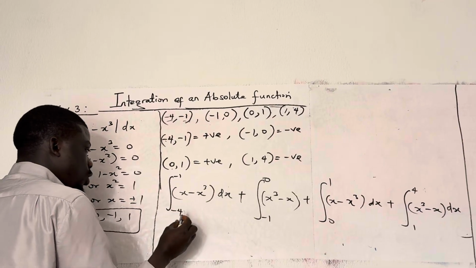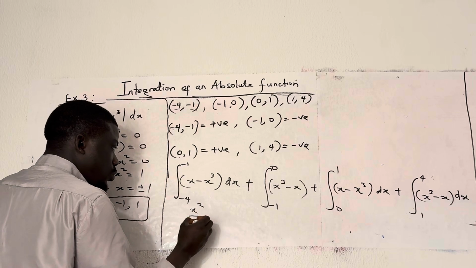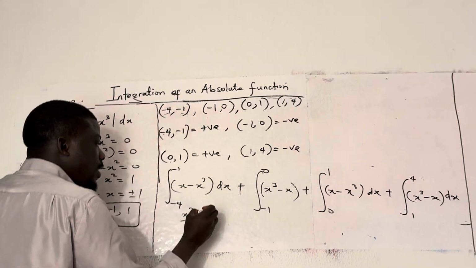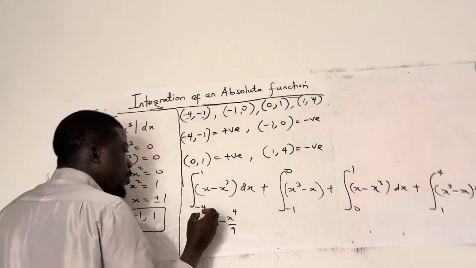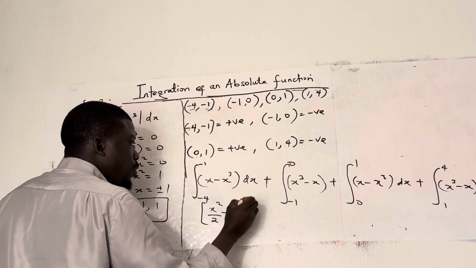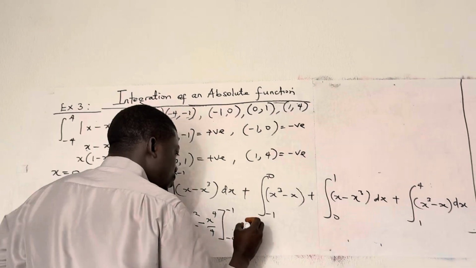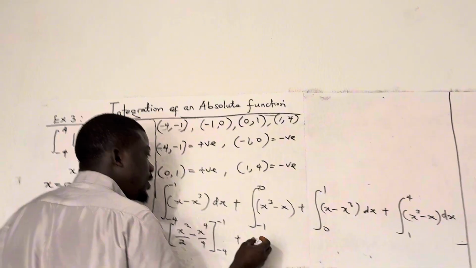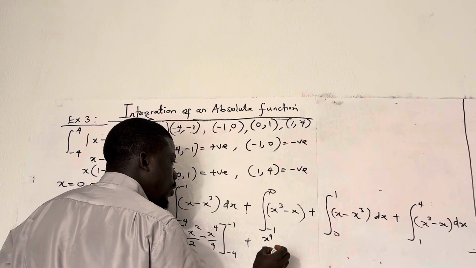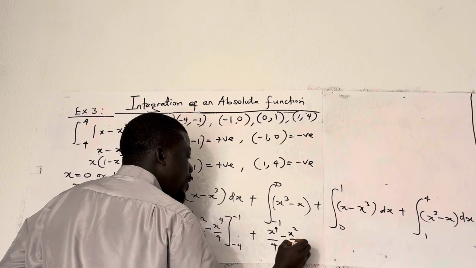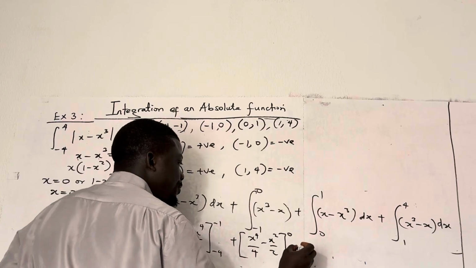When you integrate x minus x cubed, you have x raised to power 2 divided by 2 minus x raised to power 4 divided by 4, for the first one here, from minus 4 to minus 1. Plus, for the second, you have x raised to power 4 divided by 4 minus x raised to power 2 divided by 2, with the limit from minus 1 to 0.